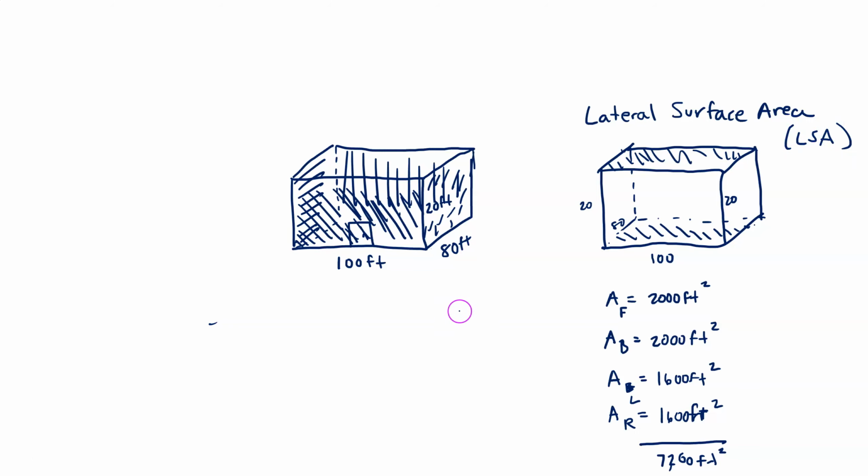Now, there is another way to figure out the lateral surface area. You can also say the lateral surface area is the perimeter of your shape times your height. So let's do this calculation and see if we get to the same result as just adding the area of all 4 sides of our building.